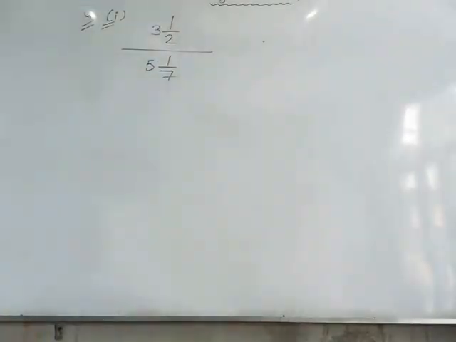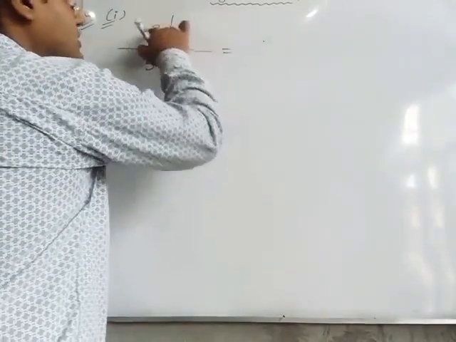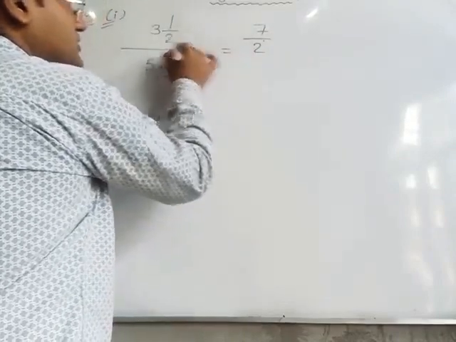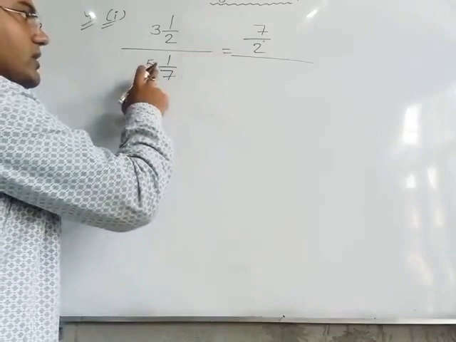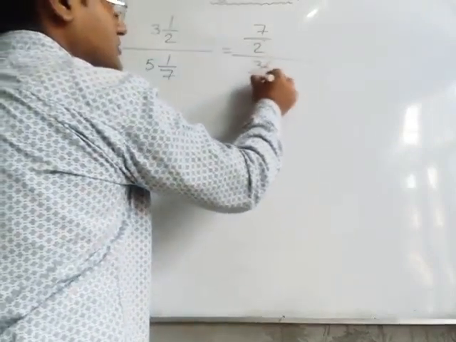This is the question. What will we do first? First of all, we will convert the mixed fraction into improper. 3 2s are 6 and 1, 7 upon 2. This upon we will make a little bit longer. 7 5s are 35 plus 1 will be 36 upon 7.